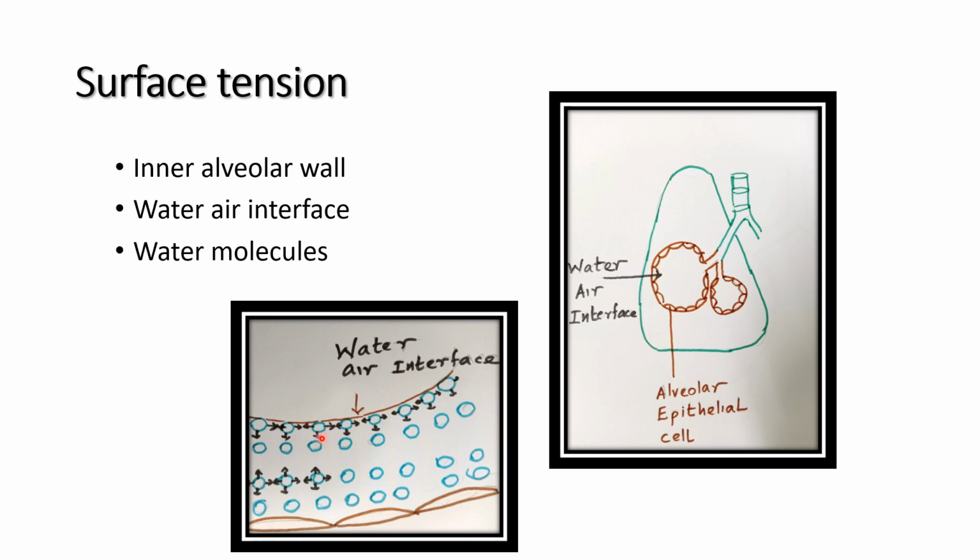So the water molecules at the surface try to pull the other water molecules, trying to shrink the alveoli and pull them inwards. Shrinkage means the alveoli are prone to collapse. So surface tension produces the collapse of the alveoli.